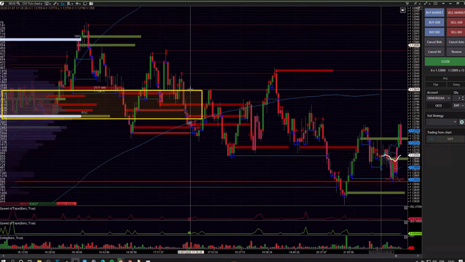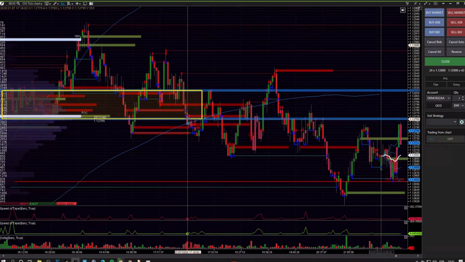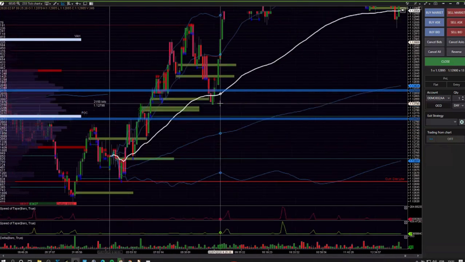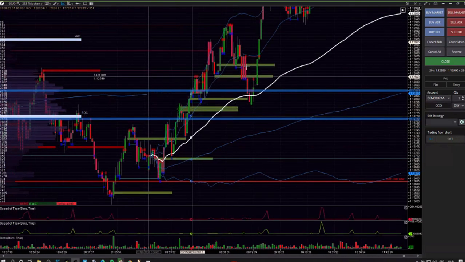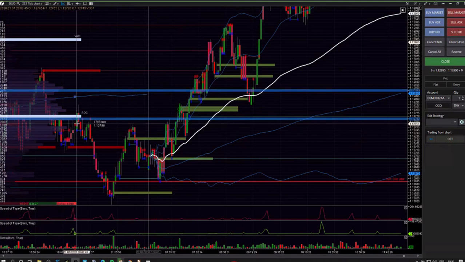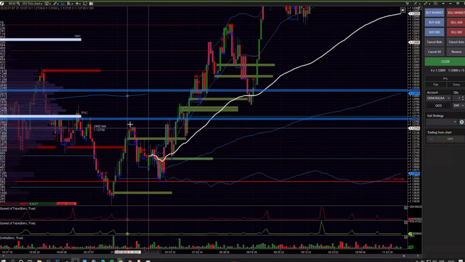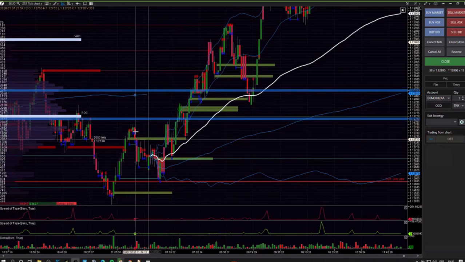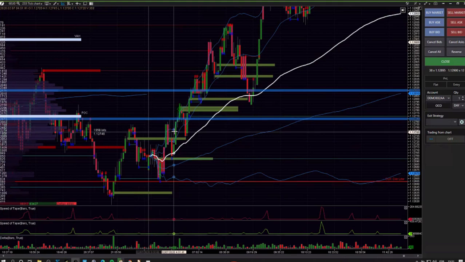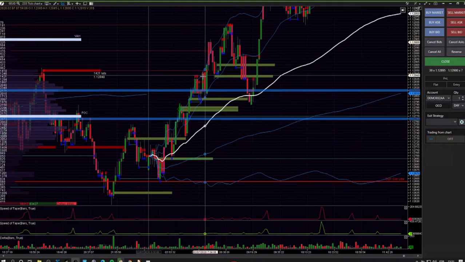Let me show you something. Let me put a horizontal line here on both sides of this rotation we found yesterday. And you can see how on today's session it went on the downside, then it tried to break, but it didn't happen. Then again, it tried here and then finally went through.